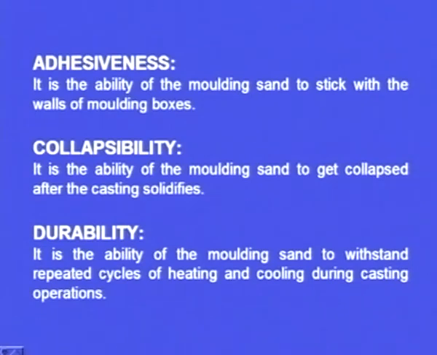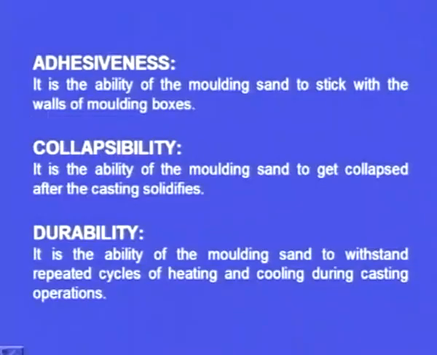Next one, the durability. So, when we pour the molten metal, after solidification, we break the molding sand and we take the casting outside. Then this sand which we have broken, we cannot discard, again we have to reuse it. This sand again and again we will be using for making several molds and several castings.